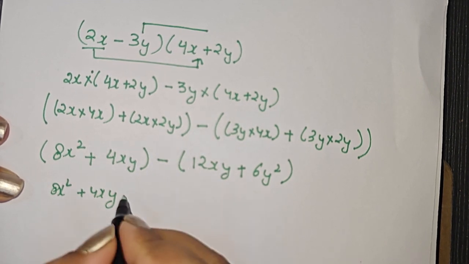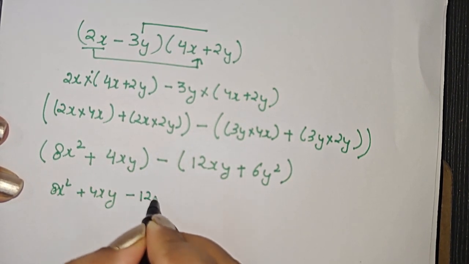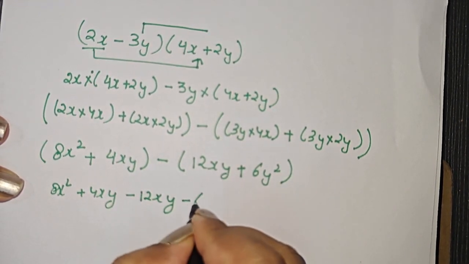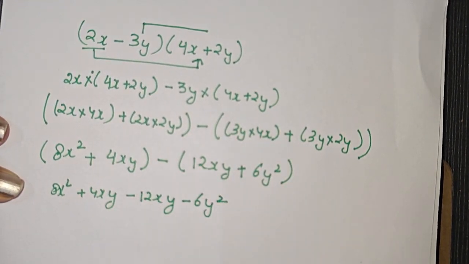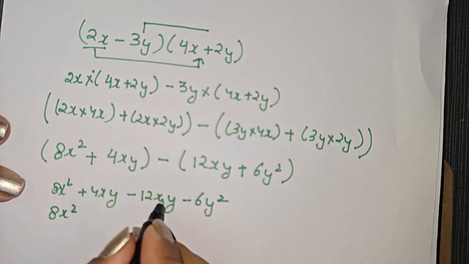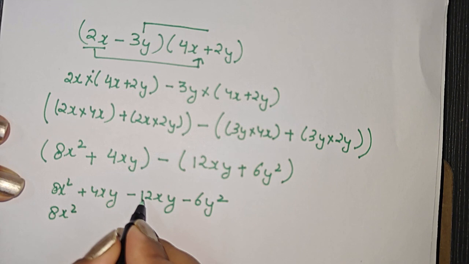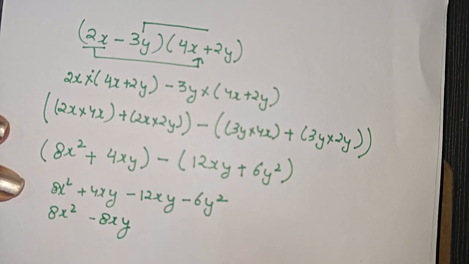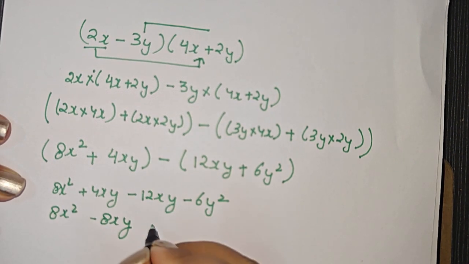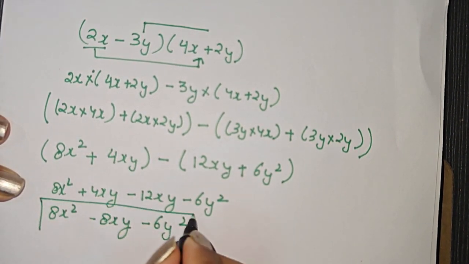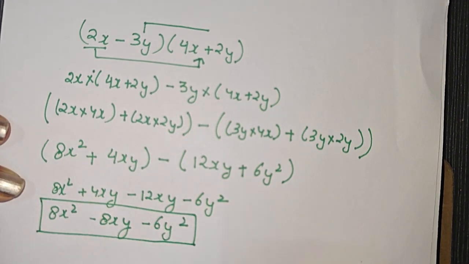This one is positive, so when I open it, it will be 12xy, right? And this one is also positive, so this one will become negative. Now let's solve them. This and this, plus and minus, so it will be minus 6y square. So this is your final answer.